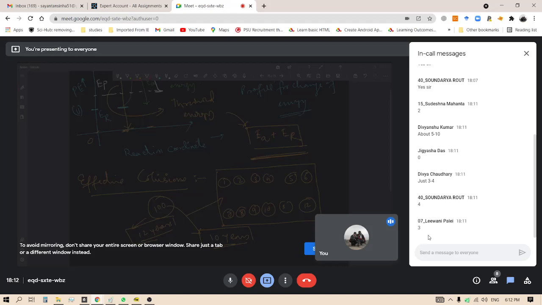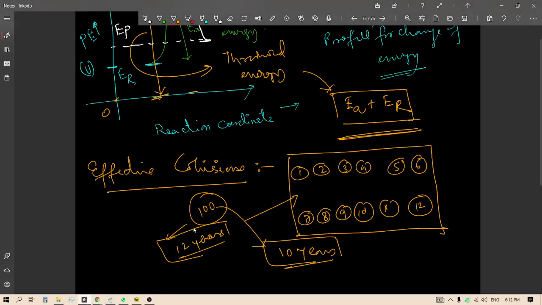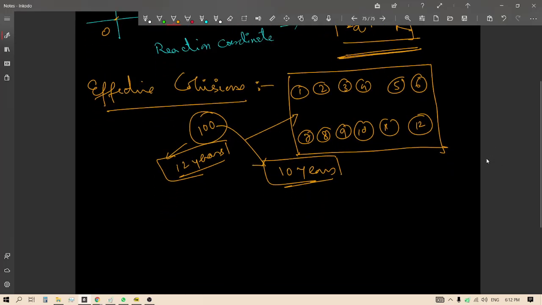So if this is the case for a simple concept called friendship, the same thing is the case for any reaction. When I place two reactant molecules, they collide. There can be numerous collisions that happen between them, but only a few of the collisions are successful in turning the reactants to products. Do you get my point?